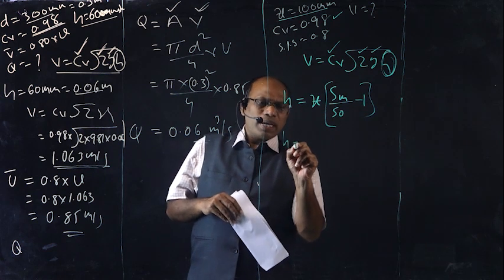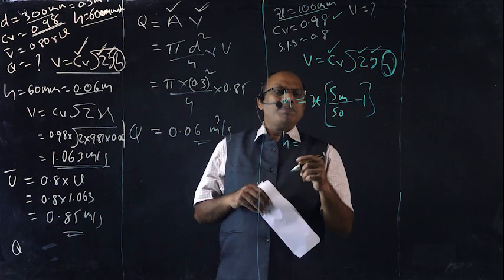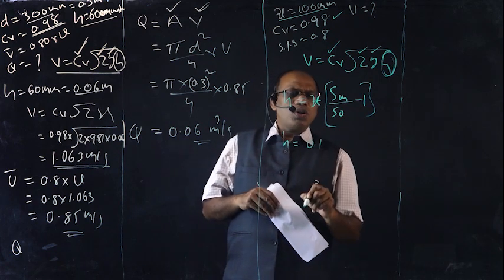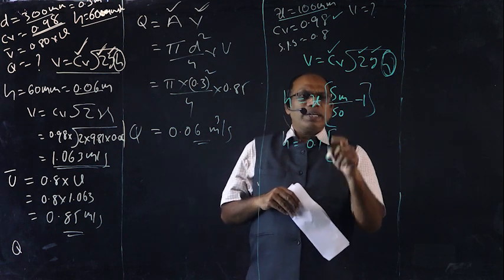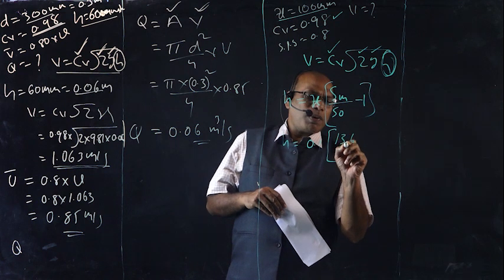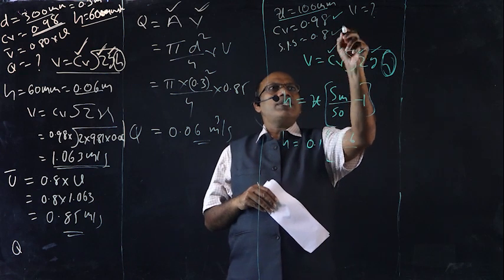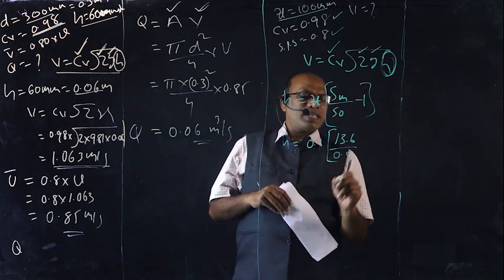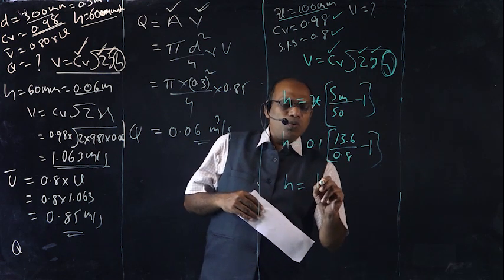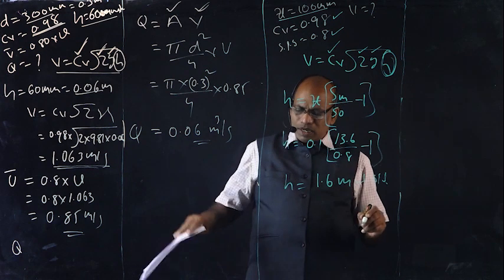Now h is equal to, X is given as 100 mm, that is equal to 0.1 meter, into the specific gravity of the heavy liquid, that is mercury, 13.6, divided by the specific gravity of the flowing liquid, that is given, 0.8, minus 1. Therefore h is equal to 1.6 meters of oil.